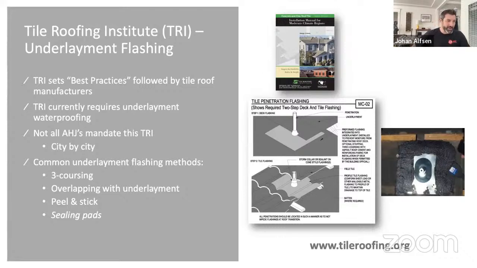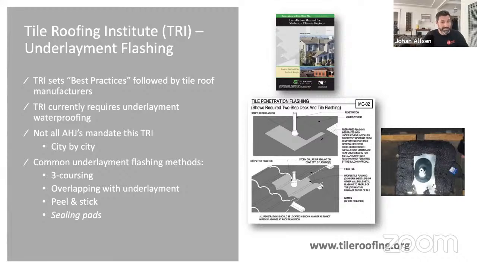So that's an ongoing debate, but most installers are trying to mimic what they're doing for a vent pipe. So in the Tile Roofing Institute manual, they do recommend double flashing, meaning you have to flash the underlayment of a tile underneath as well as the top tile if you're penetrating through the tile.